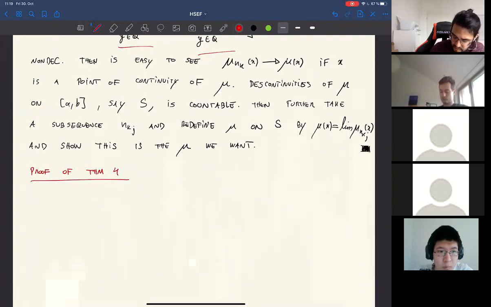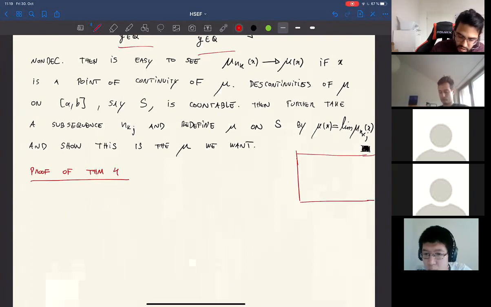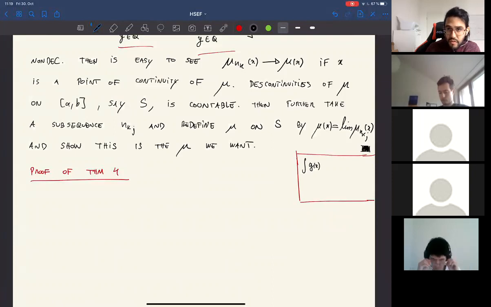Maybe I should make this remark here as well. Once you have built this limit mu, you can show that the integral of g(x), if g is some continuous function, let's say continuous in the interval AB, should be fine.